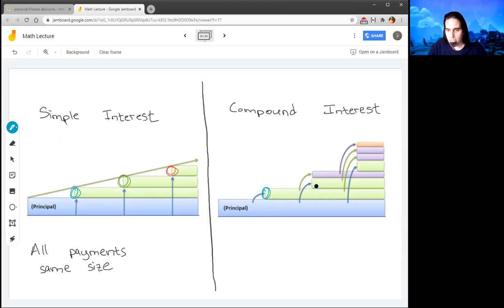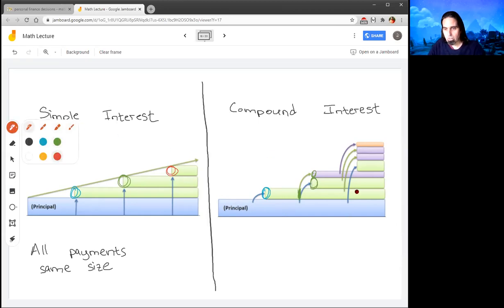Then at the end of the second month, you will again have that same amount of interest based on your principal, but you will also have another bit of interest based on your first payment that you never made because you were late.